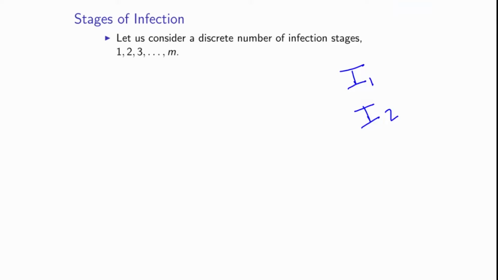If there are only 2 of those, then you could say this first stage has to do with incubation, or sometimes this is what you call the stage in which individuals are infected. They actually are hosting the pathogen.